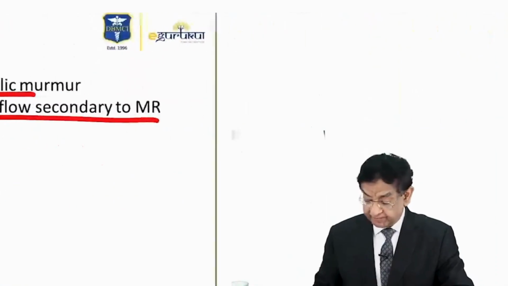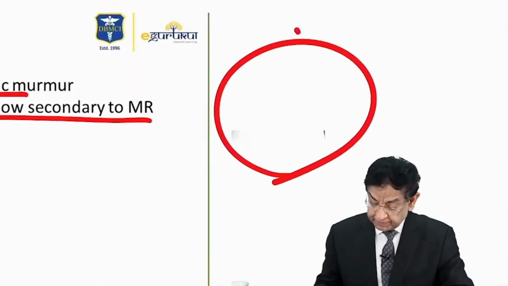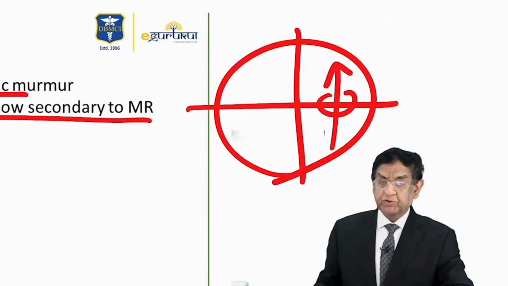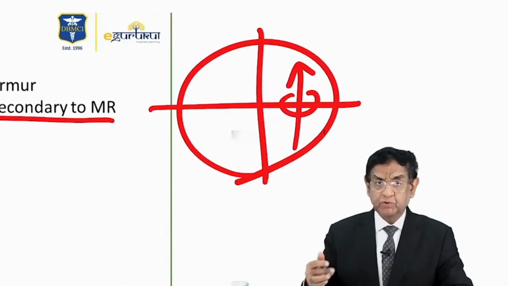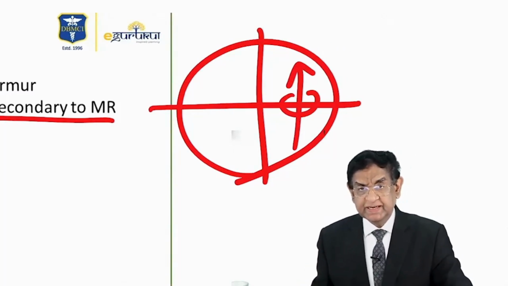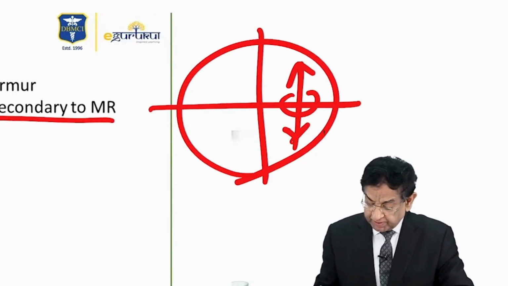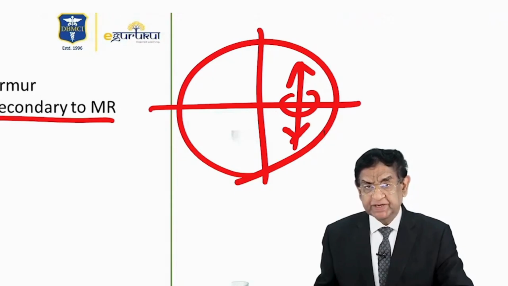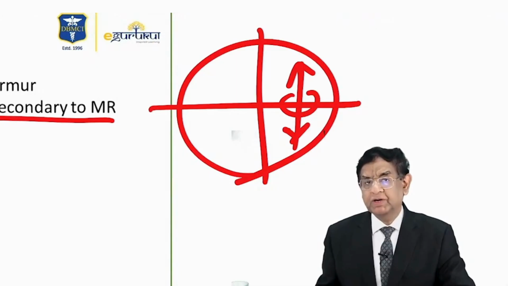We get an MR murmur, blood goes to the left atrium. In the next diastole, a large amount of blood comes back into the ventricle, and that produces a functional murmur, the so-called Carey-Coombs murmur.